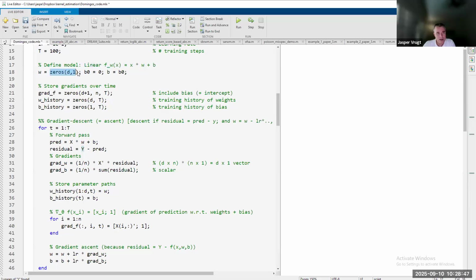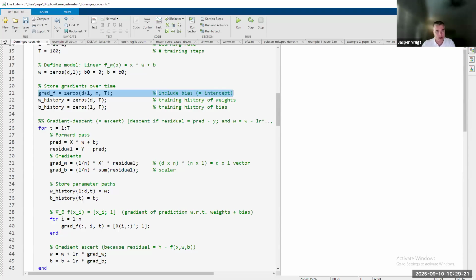Here I define the initial weights, which I set to 0, but you can set them to any other value. And I define that I don't have an intercept because I only want 2 parameters to understand how this works. Here, I store the gradient information. Remember, the kernel is based on the gradient information over that entire trajectory. Now, the gradient will be a vector of 2 by 1 because we have 2 parameters, W1, W2.